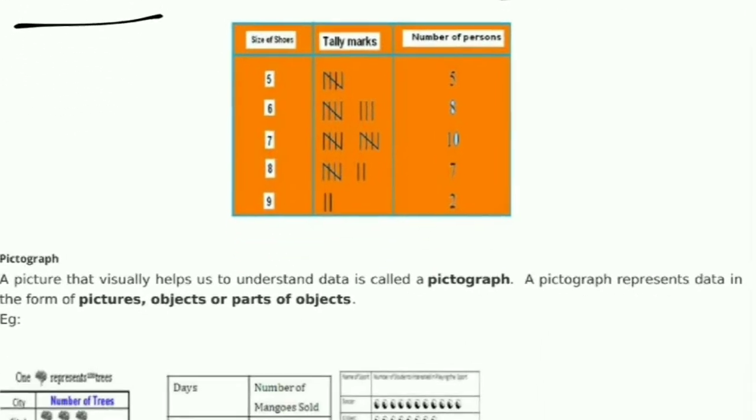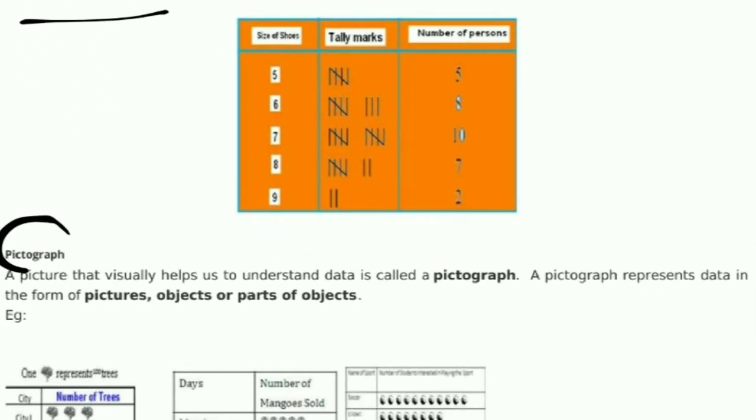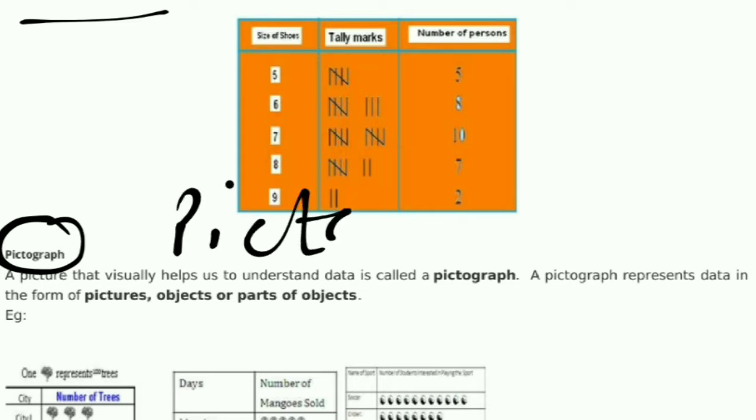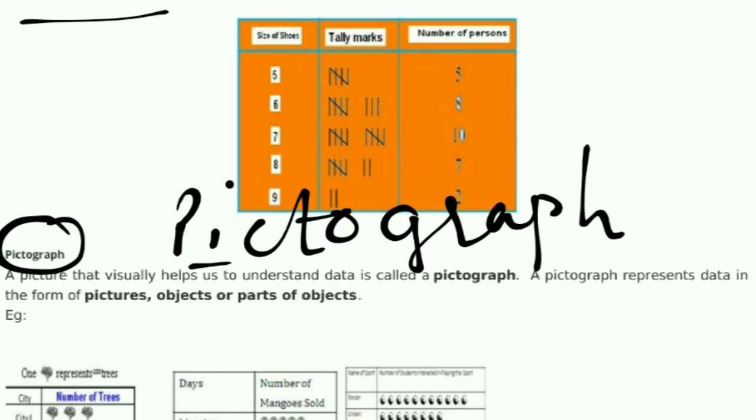Next one, we will see what is a pictograph. If we break this down, pictograph means picture form. A picture that visually helps us to understand data is called a pictograph.